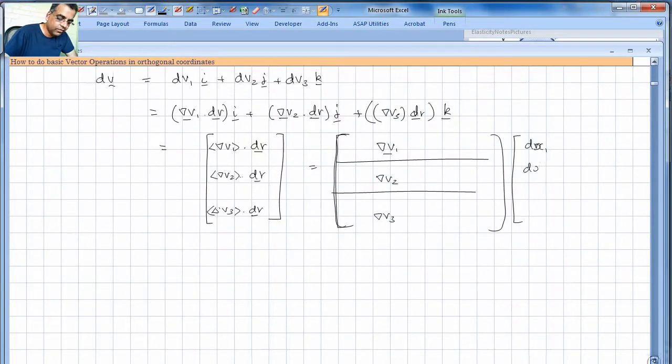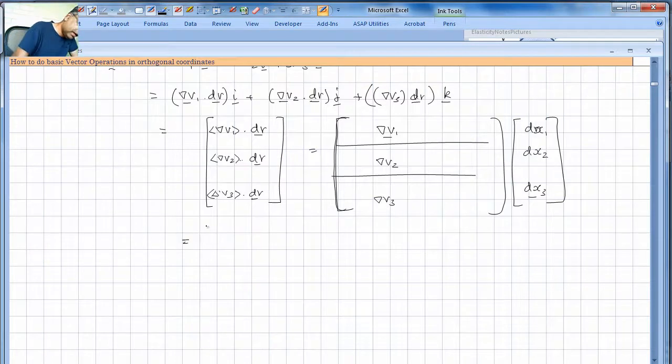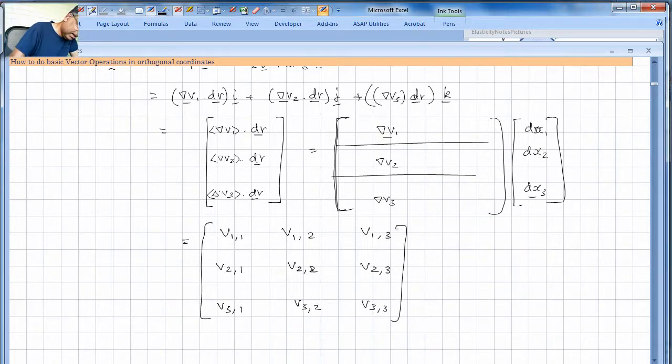So this looks very nice. It looks like v1,1, v1,2, v1,3, v2,1, v2,2, v2,3, v3,1, v3,2, v3,3.